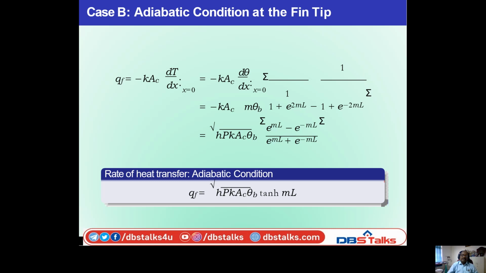At x equal to 0, if you substitute d theta by dx in this equation, we get the final heat transfer equation for the insulated fin equal to square root of hPkA into theta b into tanh mL. Tanh mL means sinh mL by cosh mL, that is e to the power of mL minus e to the power of minus mL by e to the power of mL plus e to the power of minus mL. So for the insulated fin, or adiabatic condition at the fin tip, this is the heat transfer equation.